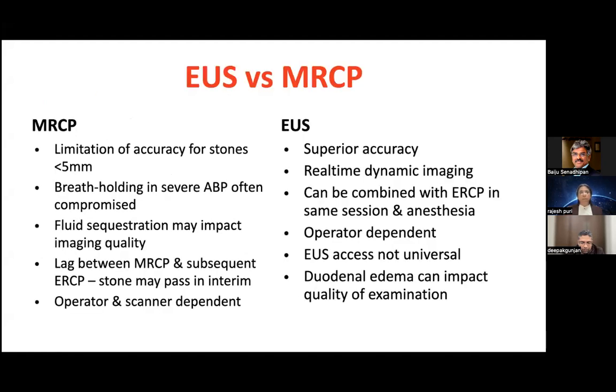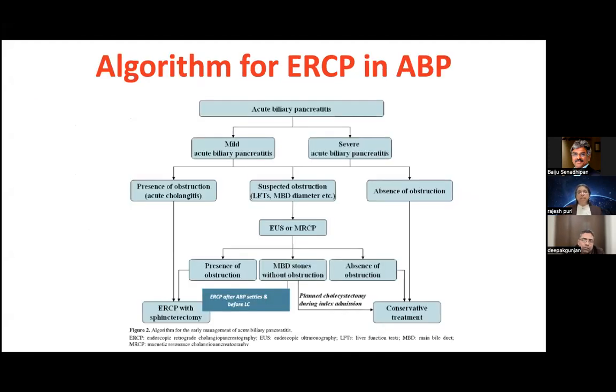So EUS versus MRCP, I think EUS is superior. It gives real-time dynamic imaging, and can be combined with ERCP in the same session and same anesthesia. EUS access, although not universally available, where EUS facilities are not available, I request MRCP is important rather than doing the direct ERCP.